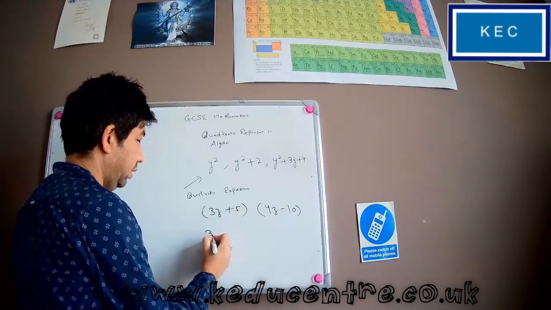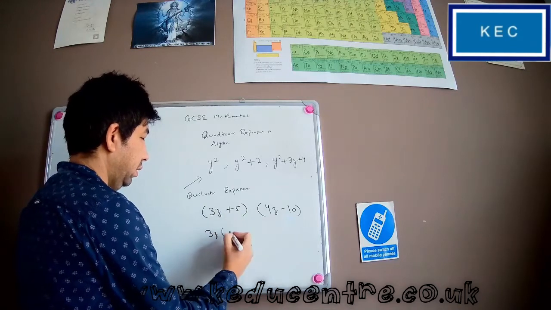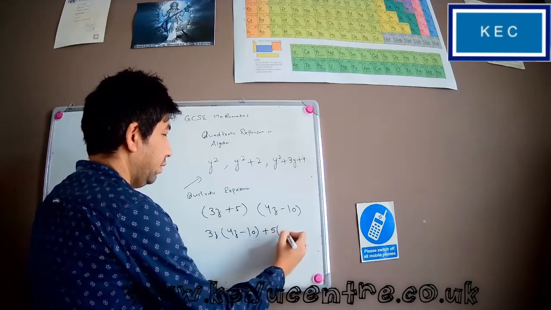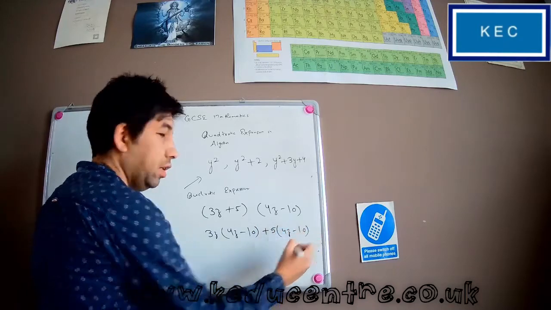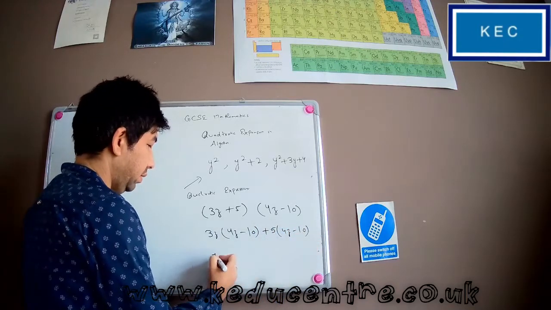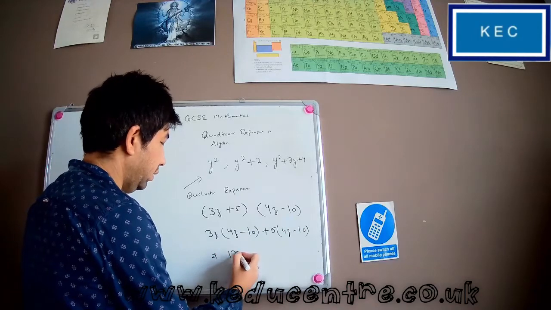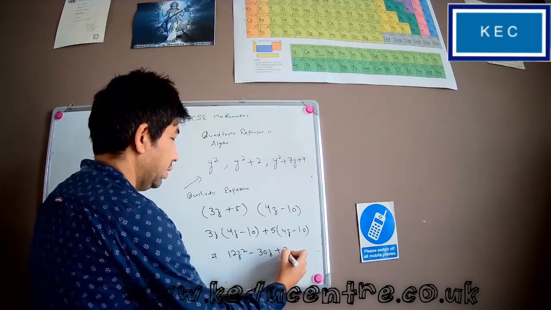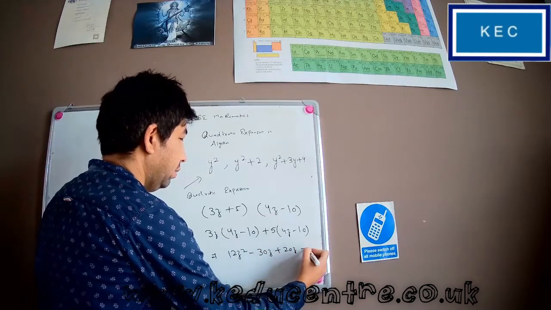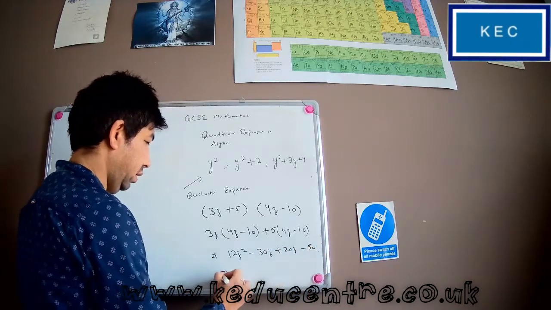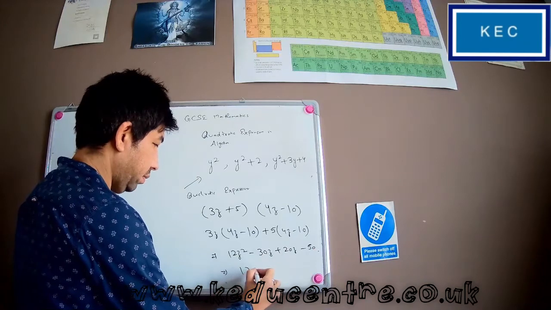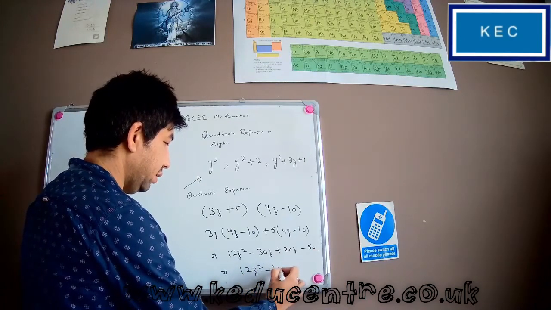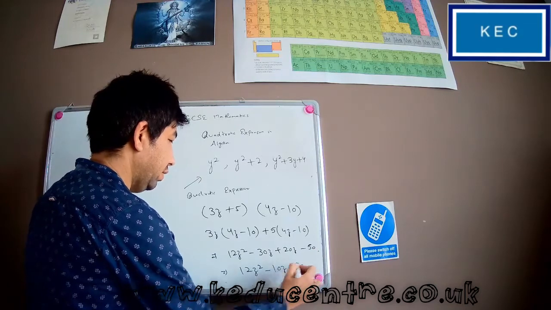So we'll do 3z into 4z minus 10 plus 5 into 4z minus 10. Okay, so this will become 3z multiplied by 4z will become 12z square minus 30z plus 20z minus 50, and when we solve this, this will become 12z square minus 10z minus 50. So this will be the final answer.